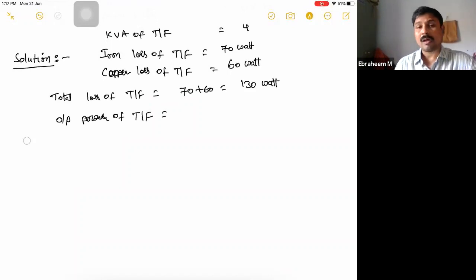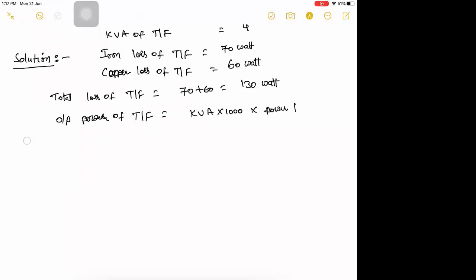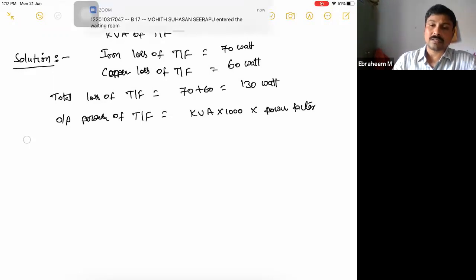its kVA into 1000 into power factor. Okay, you remember this formula. kVA and power factor are given, so you can multiply these two to get the power output, right?